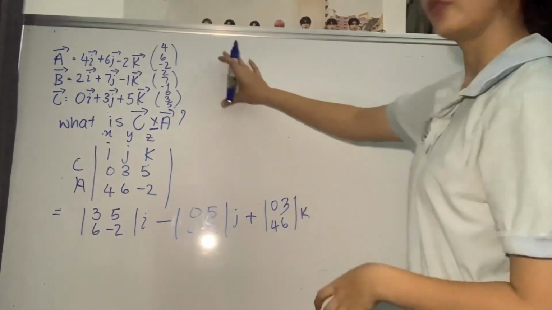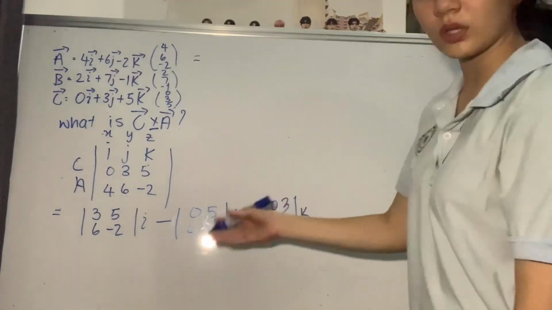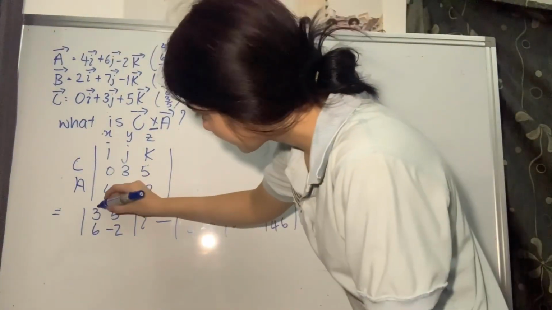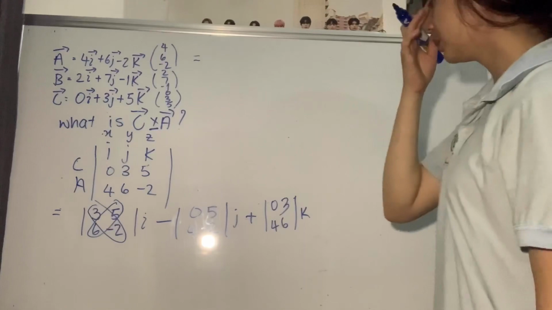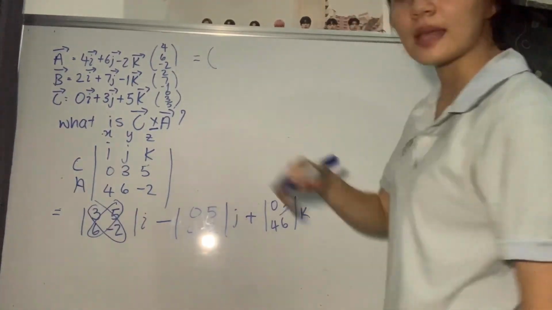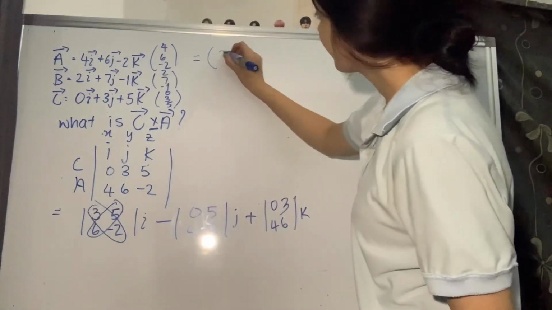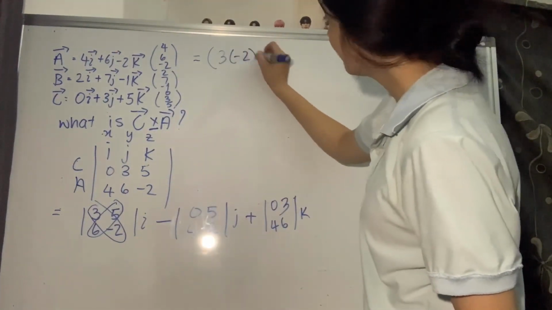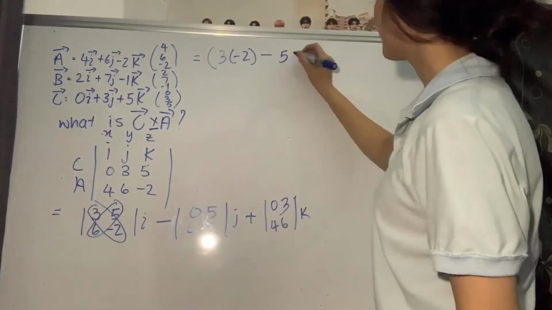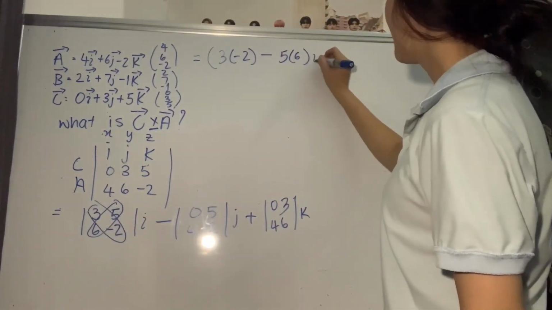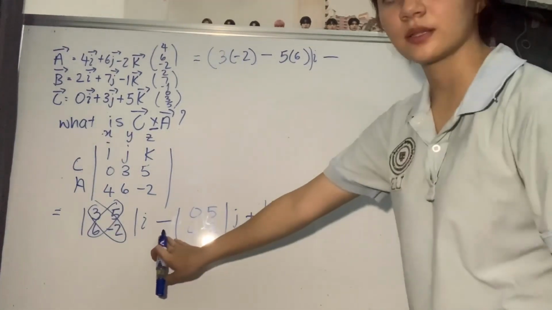After this, we'll move back up here. After this step, you cross multiply them like this. We'll do it this way to make it an in-depth explanation. You would take 3 times minus 2, negative 6, and 5 times 6 is 30, so that is for I, and then you add the negative sign as shown here.